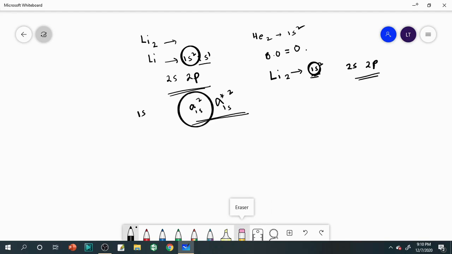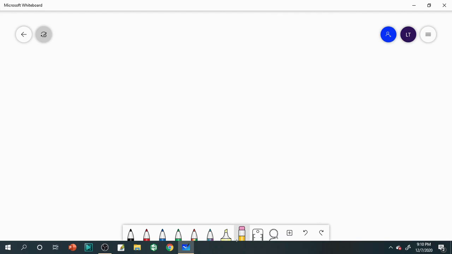This is the conclusion. Now let us clear the canvas. Okay, from the 2s, as before, it is the same as the 1s orbital.